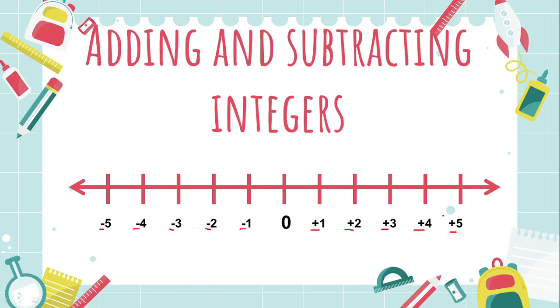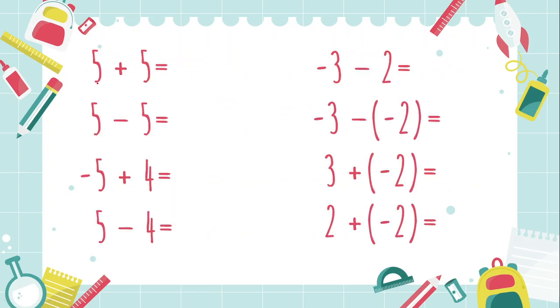Now let's have an example. Say we need to add 5 plus 5. Again, remember that the sign of each number is located on its left side. Here, this 5 does not have any sign. So if a number does not have any sign on its left side, the sign of that number will always be positive.